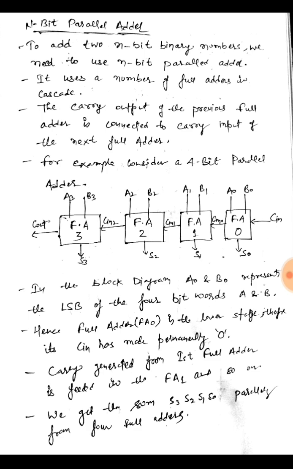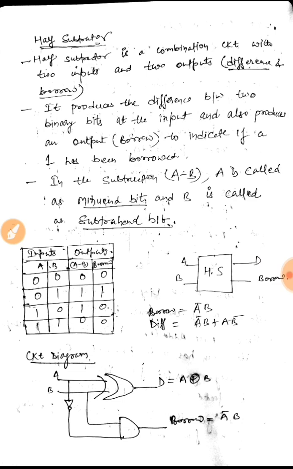Hence full adder FA0 is the lower stage, and therefore its carry input is made permanently 0. So we can take this C0 as 0 if I am starting my addition from this full adder. So carry generated from the first would be fed to full adder 1 and so on. So we get the sum in parallel from 4 full adders. So this is how an n-bit parallel adder would work.